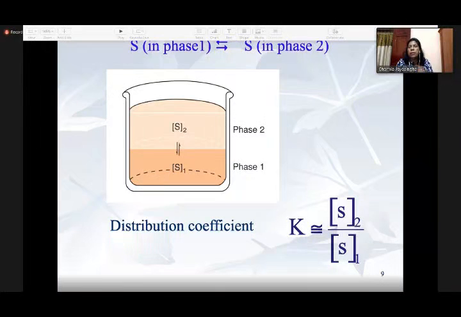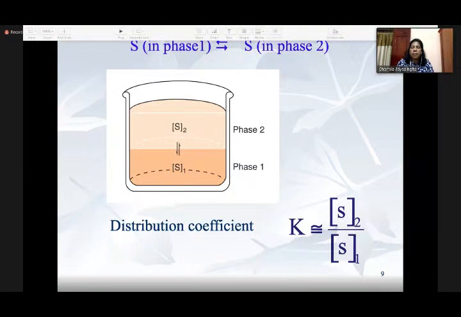Therefore, it goes to phase 2 and stays there, and after some time, according to the distribution coefficient, that much solute goes to phase 2.